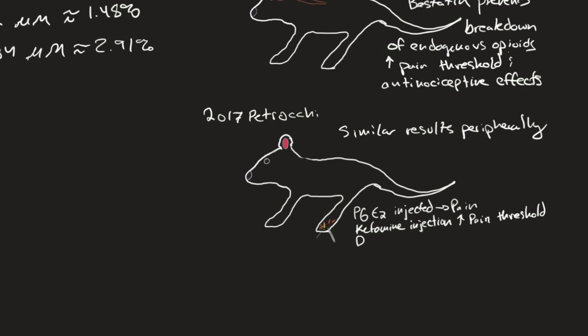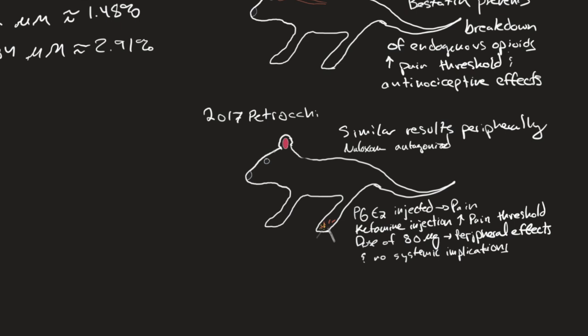And it was found that naloxone also reversed this effect in a dose-dependent way. It was hypothesized that the dose they gave peripherally, around the area where the PGE2 was injected, was so low that it wouldn't have central effects. So this points to ketamine working on opioid receptors locally, outside of the central nervous system.